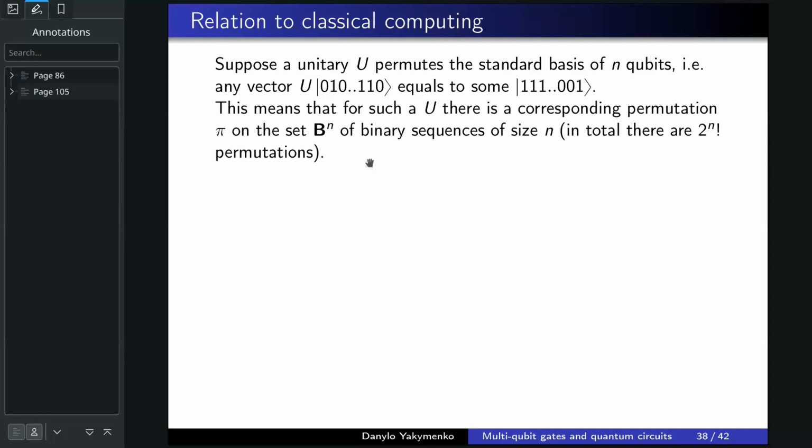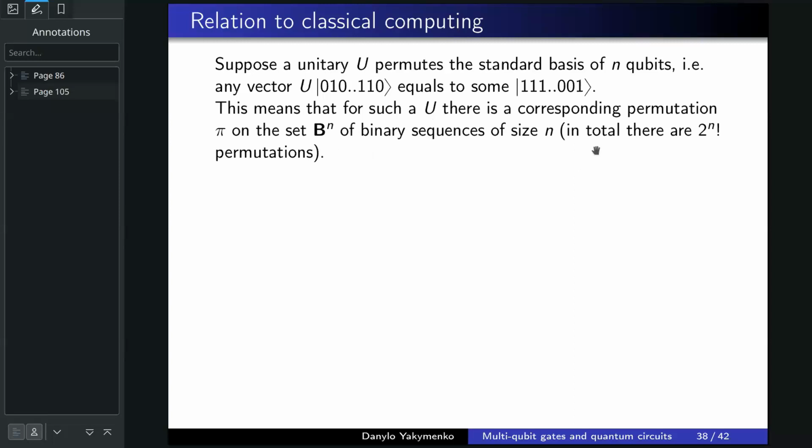This means that this unitary U corresponds to some permutation P that acts on the set of binary sequences of size n, binary strings of size n.